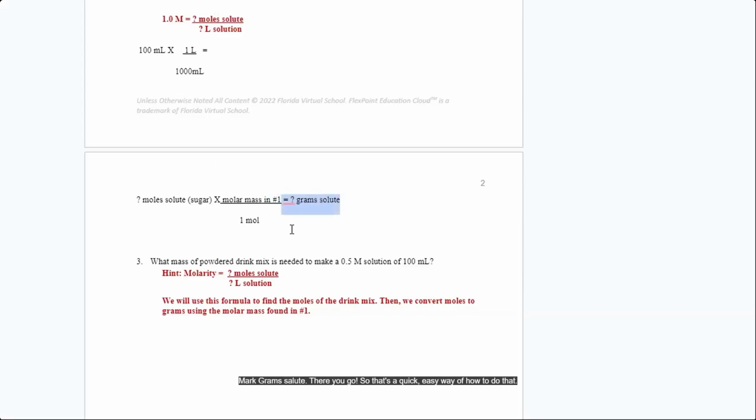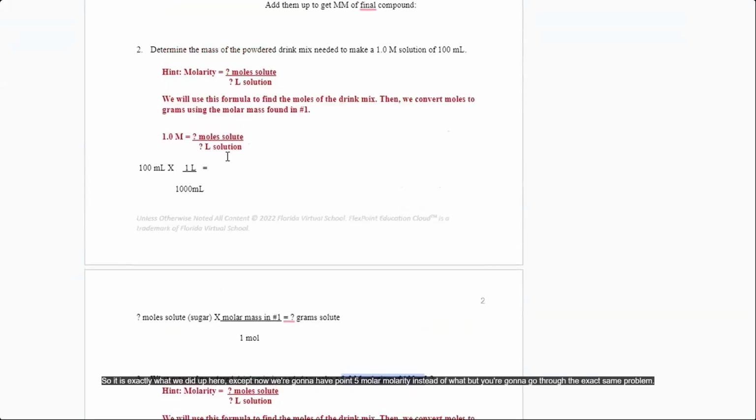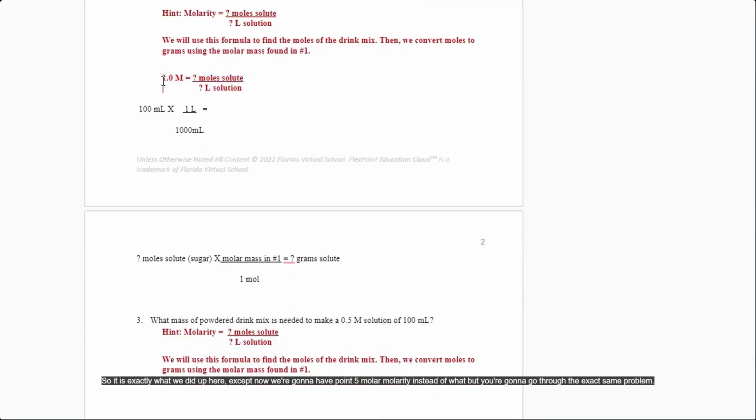And then what mass of the powdered drink is needed to make a 0.5 molar solution that has 100 milliliters? So it is exactly what we did up here, except now we're going to have 0.5 molarity instead of 1. But you're going to go through the exact same problem.